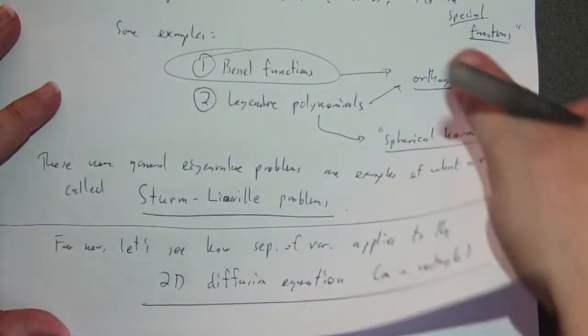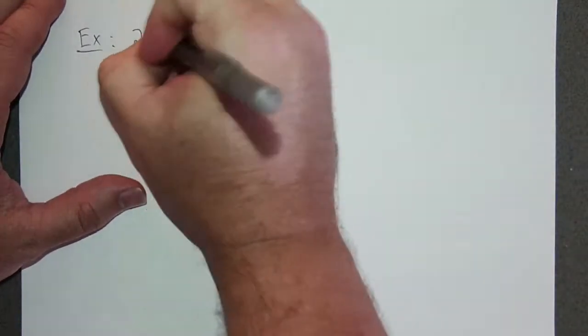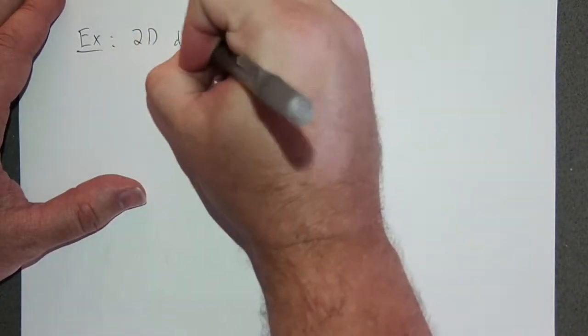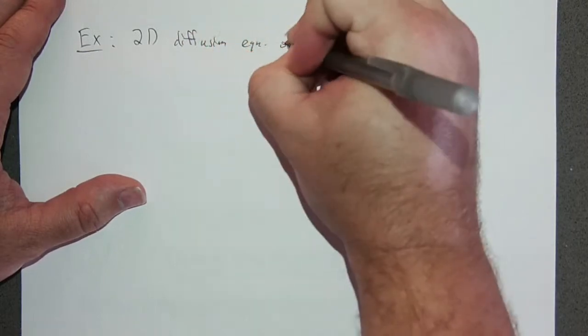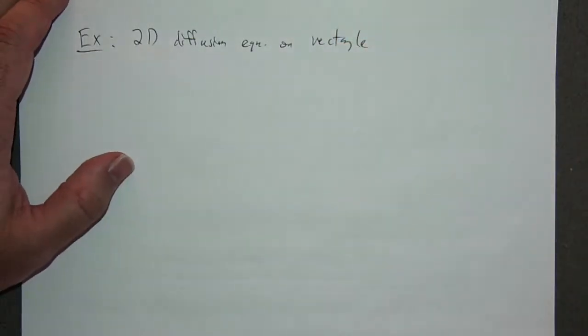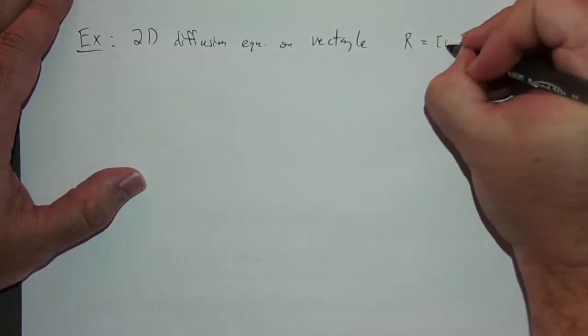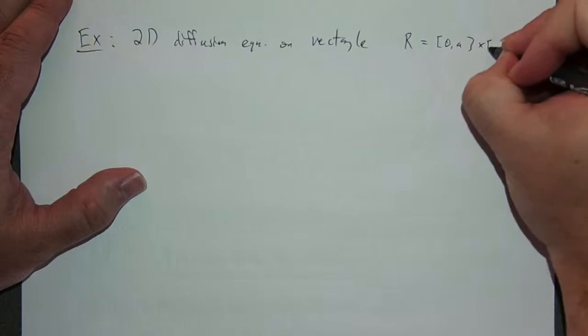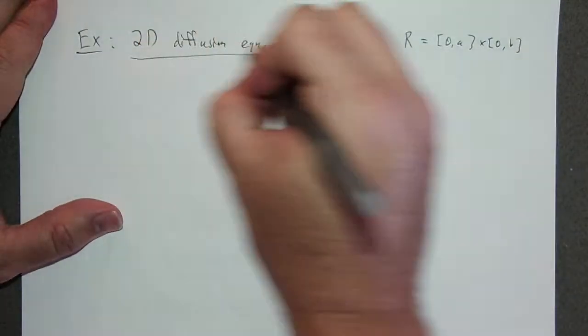What does the 2D diffusion equation look like on a rectangle? So here's my example, the 2D diffusion equation on a rectangle. Let's let our rectangle be like last time. We'll let it be 0 to A cross 0 to B, so its bottom left corner is at the origin.